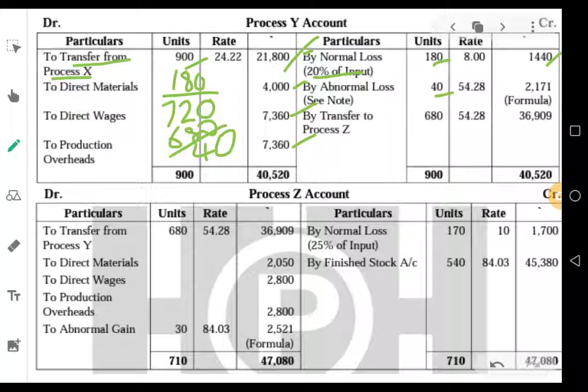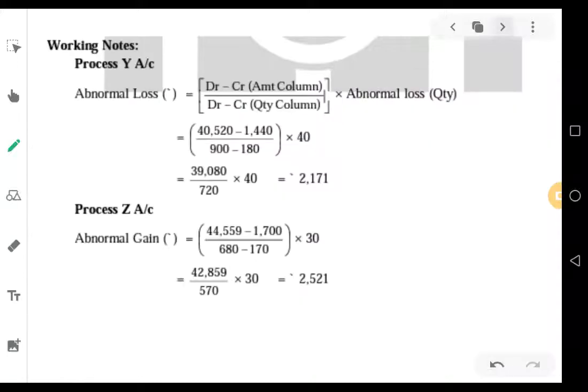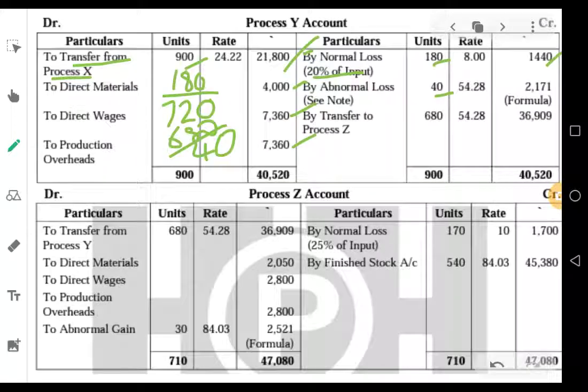Make an entry of abnormal loss on the credit side of the process Y account, and you should find out the value of abnormal loss units. You should find out the value of abnormal loss units by using the formula. The formula is total process costs.